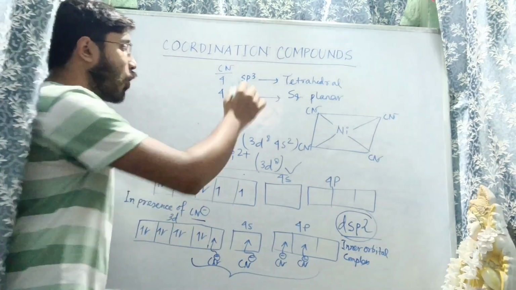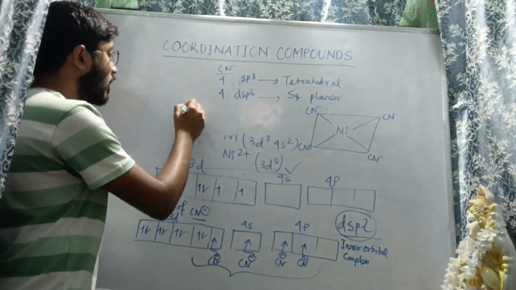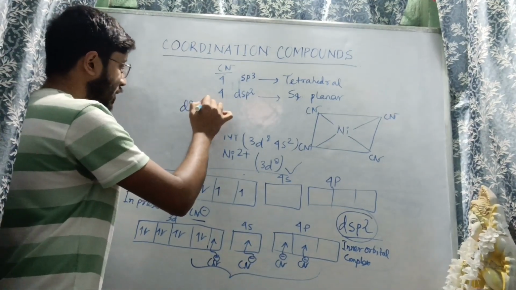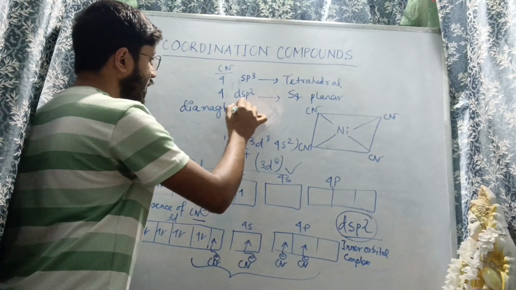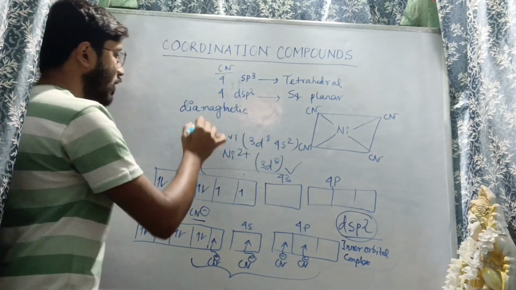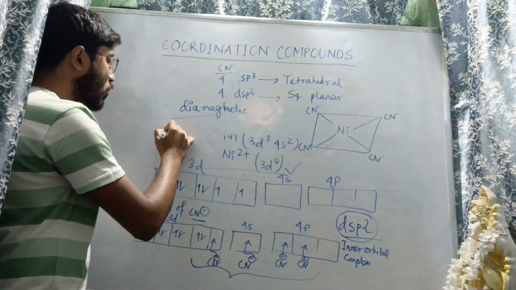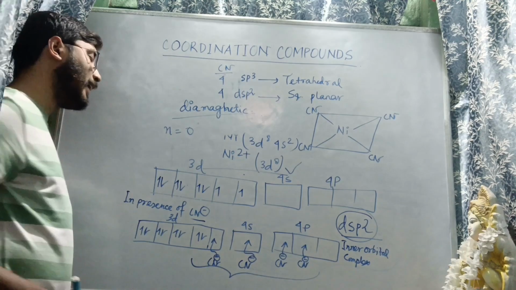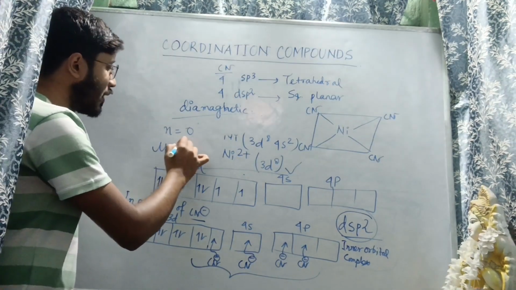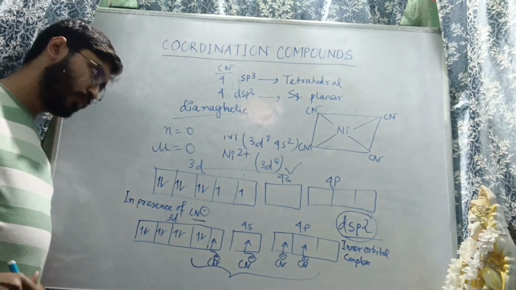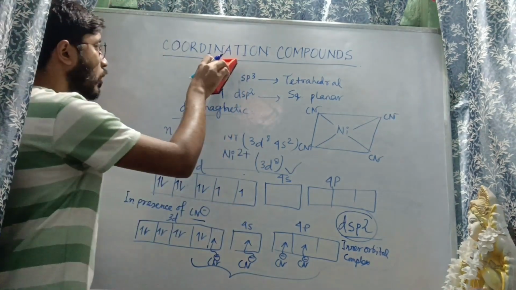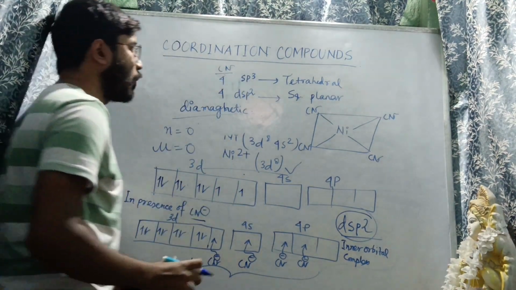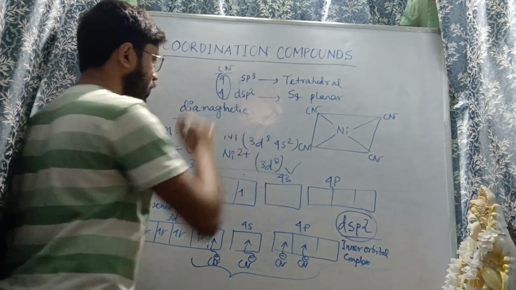So the complex is diamagnetic in nature. And due to the absence of unpaired electrons, the mu value is also 0. So we discussed some examples with coordination number 4.